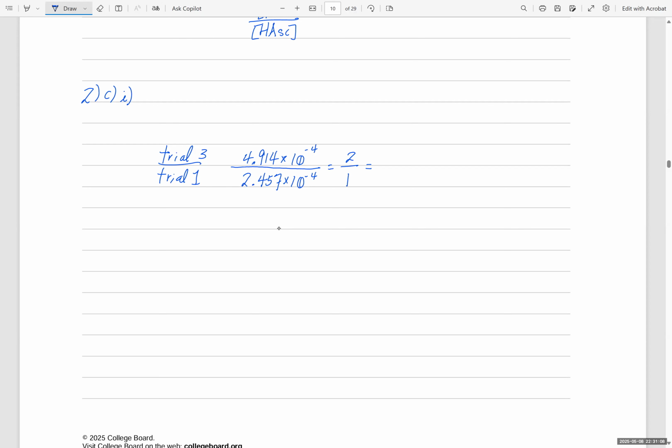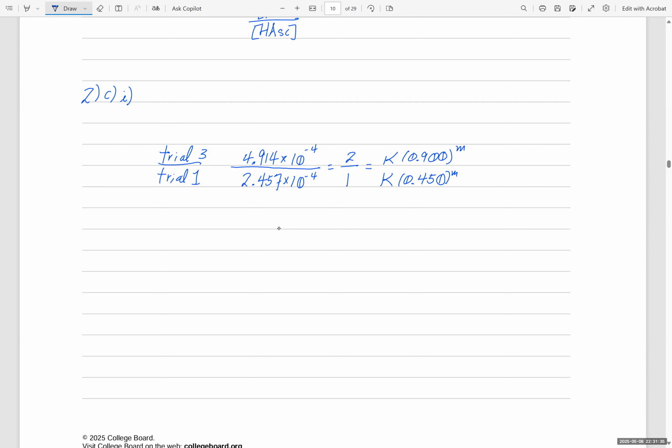And then what else? We have the rest of the expression, which is k, times the acid, which is going to be 0.900 raised to m over 0.450 raised to m, right?